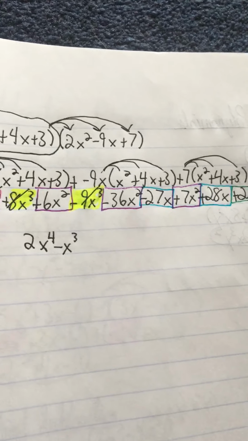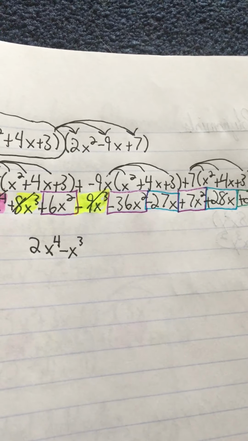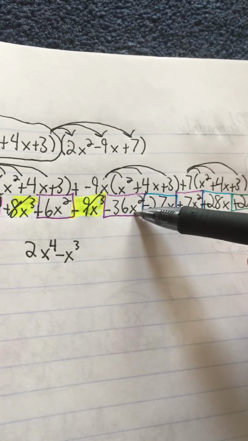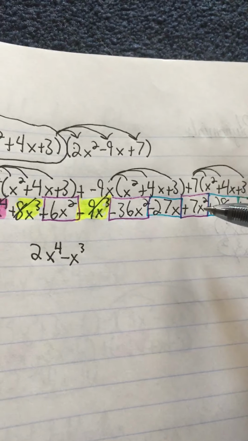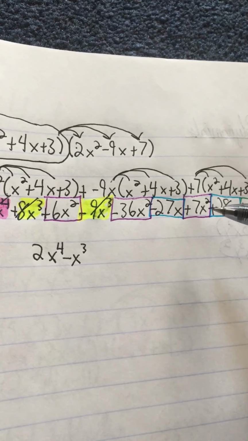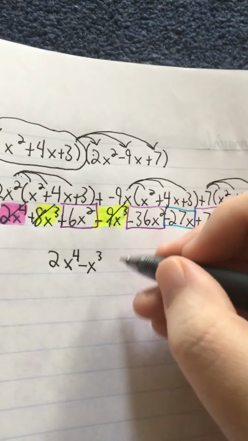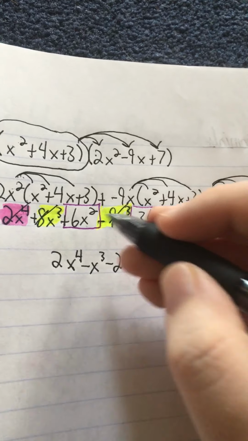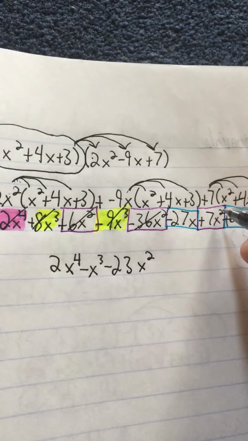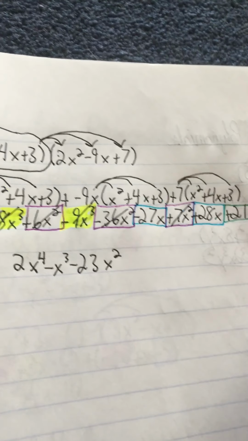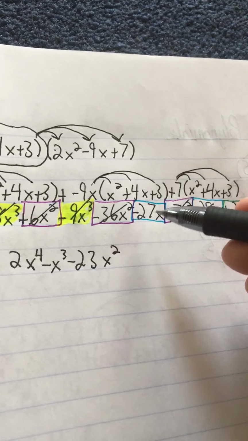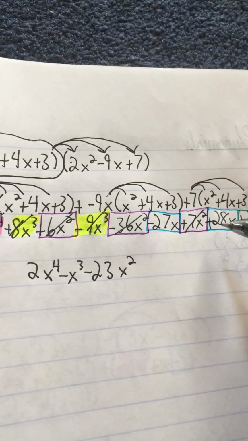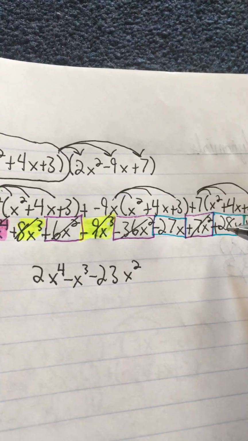So then we have our 3 purple terms, which is a positive 6x squared minus 36x squared plus 7x squared, which leaves us with a negative 23x squared. So we're done with our purple terms.